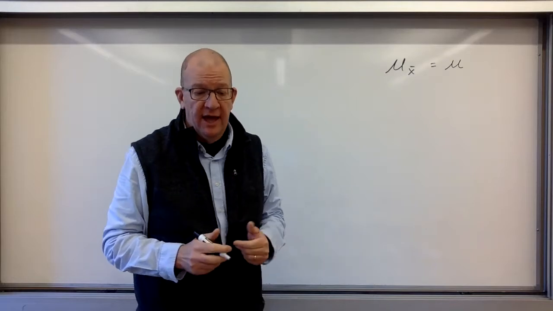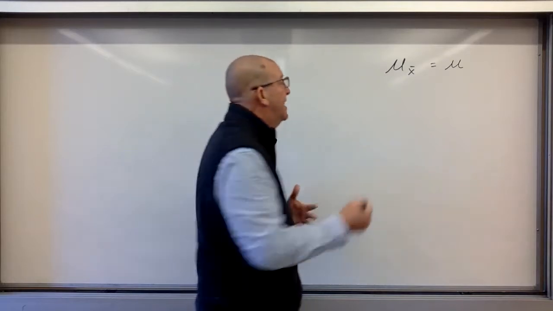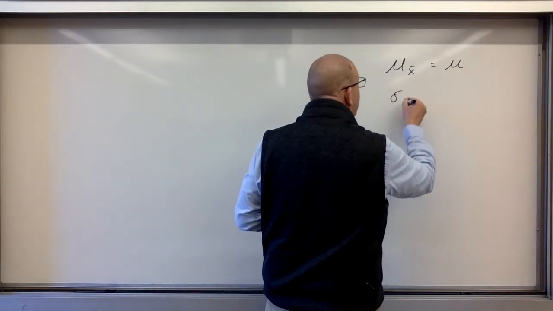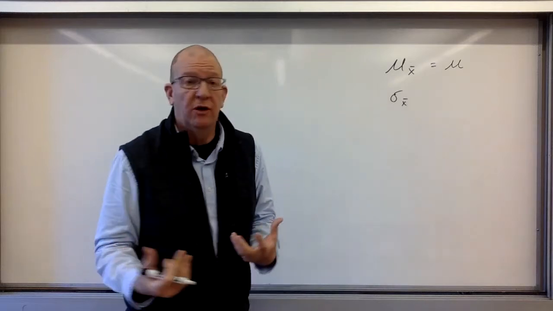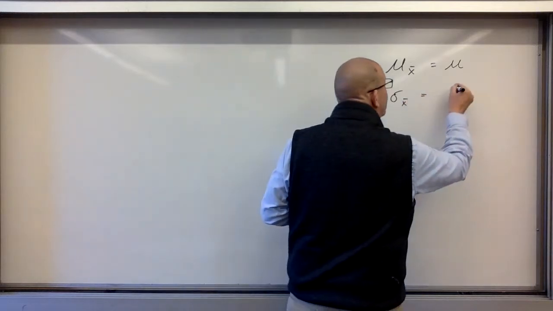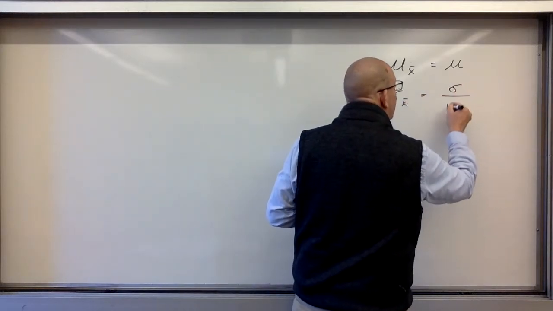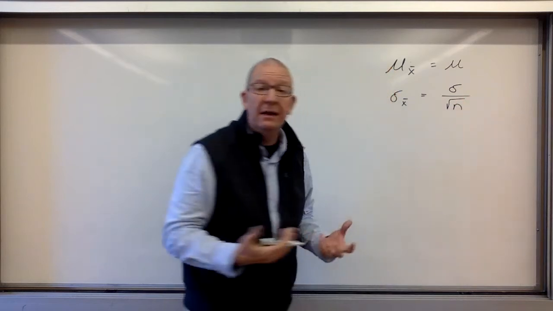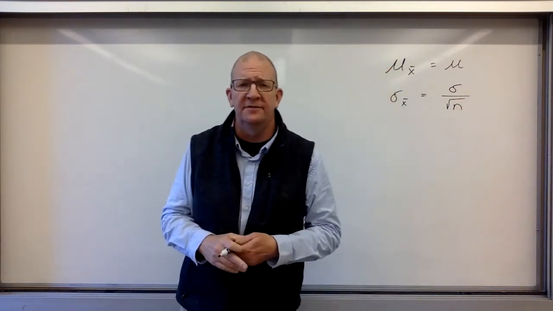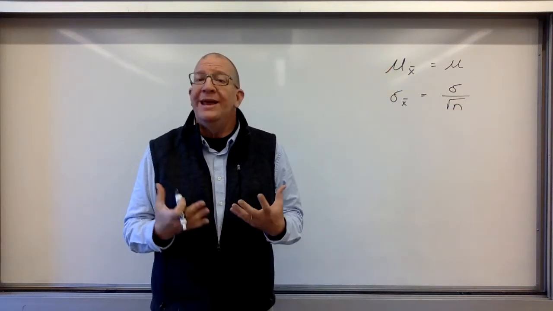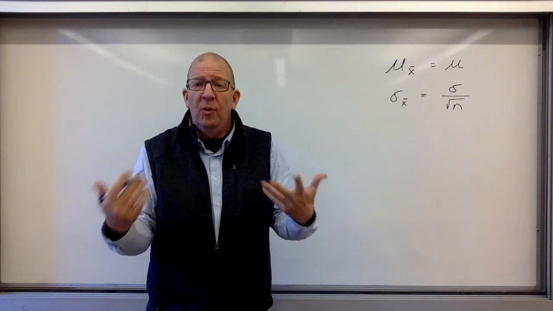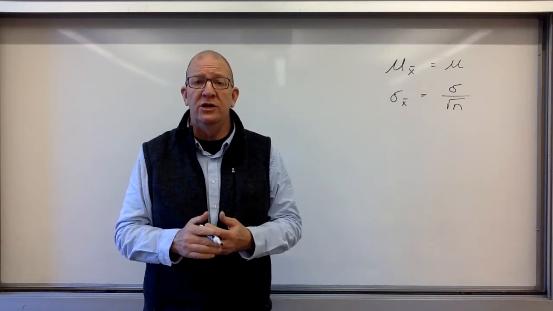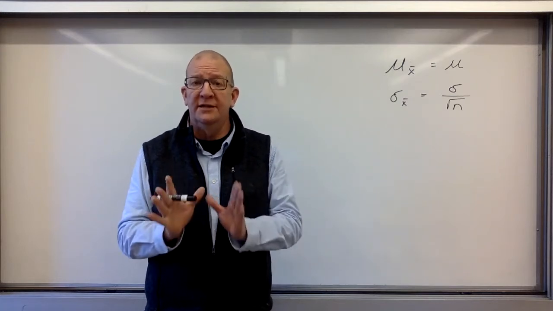Second thought. We know that there's a standard deviation associated with all of those means. And that's going to be the standard deviation of the population divided by the square root of little n, the sample size. Now, again, we're not to the point yet where we're going to use just the samples.